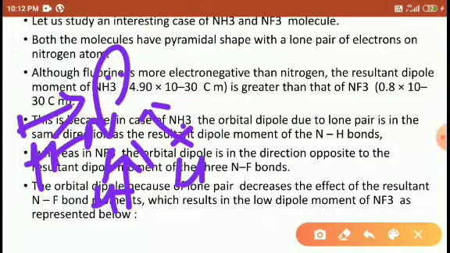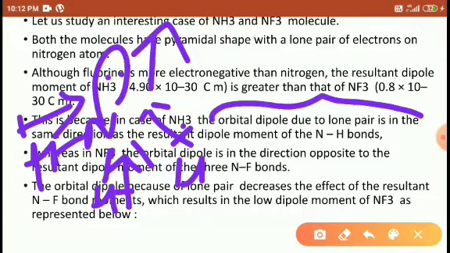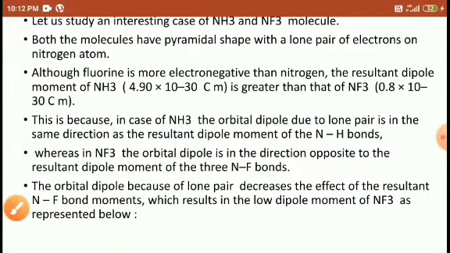So the electrons shift toward nitrogen, and that's why it has a dipole moment of 4.9: the bond dipoles and the lone pair of electrons are in the same direction. The lone pair also shows its dipole moment this side, and the bond pairs also shift toward nitrogen, so all are on the same side, in the upward direction.